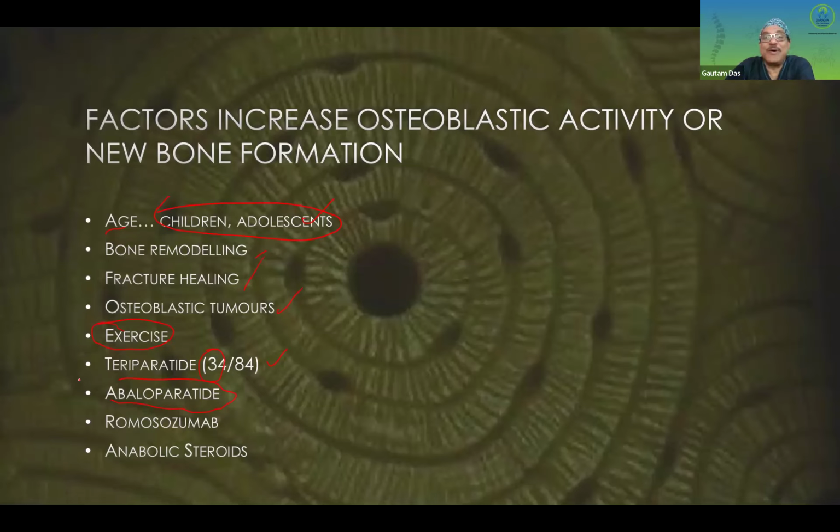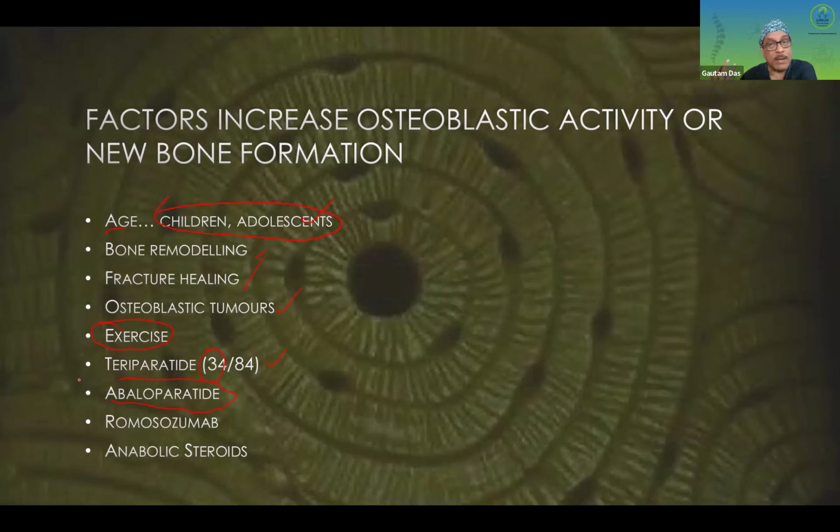Our parathyroid hormone in the body is continuously released because it has to maintain the serum calcium level. So if you use parathyroid hormone intermittently with a higher bolus dose, it is not very effective. But teriparatide and abaloparatide act only for 3 to 4 hours, because that molecule is synthetic.